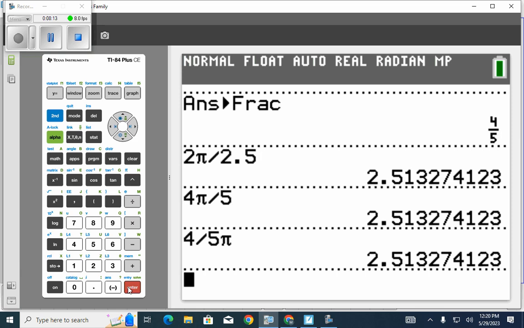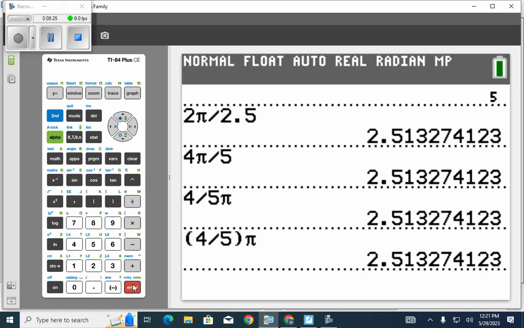It's the same thing. This pi looks like it's on the bottom. It's not. It's on the top. So either way, you get 2.51. All I'm saying is that in Algebra 2, 4/5 pi doesn't mean anything to you, but 2.51 matters, right? So from start to finish, you're going to go from 0 to 2.51.